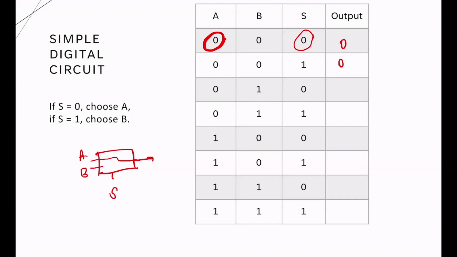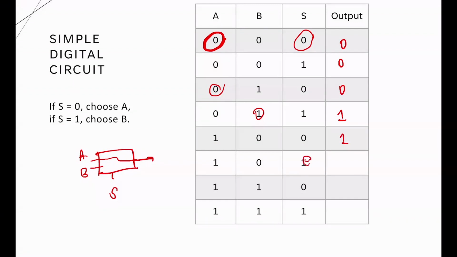Same goes here: if S is 0, A goes out, so 0. If S is 1 and B is 1, B goes out, so 1. For the bottom part, S is 0, let A out, so it's 1.